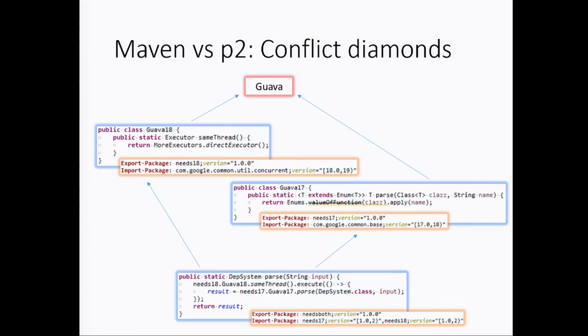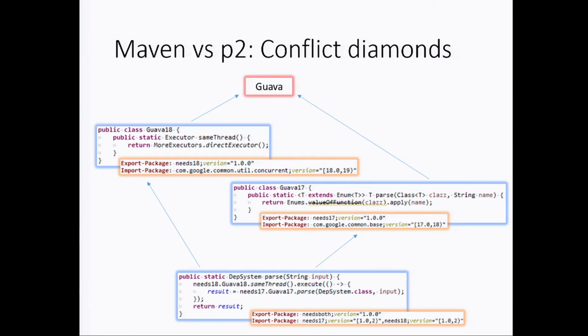Looking at this metadata, importantly, if you look at Guava 18, you'll see that it supplies the package needs 18, and it needs this Guava package 18, but it doesn't export that Guava 18 package. That Guava dependency is encapsulated entirely inside of that jar, and it's the same for Guava 17. So the code that exports package needs 17 needs Guava 17 internally, but it doesn't export it.